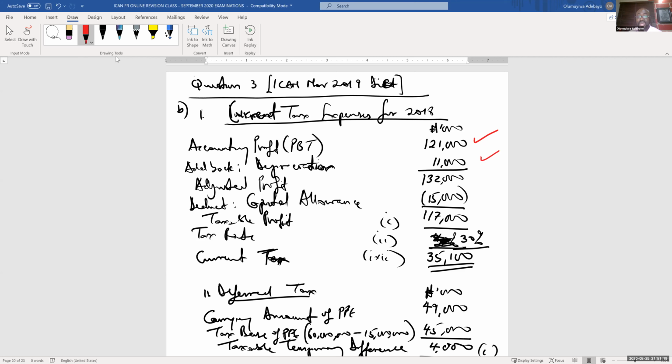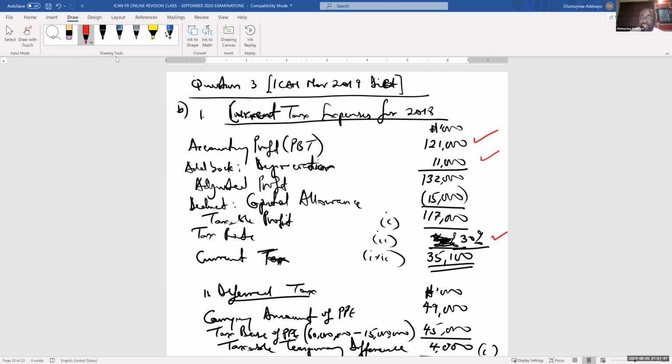That gave us our adjusted profit of 132. We deducted capital allowance of 15,000 as provided to us, and we have our taxable profit of 117,000. Given that the tax rate is 30%, we arrive at 35,100. Very simple. Similar to what we solved as we started the class last week on Sunday, and also today.